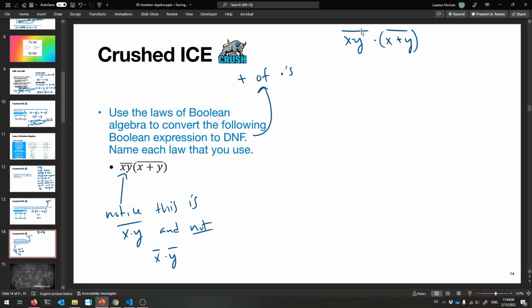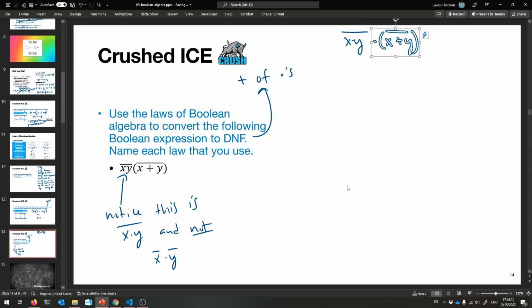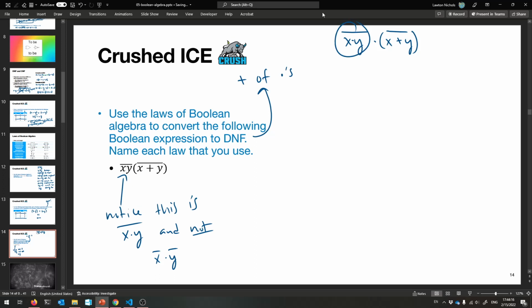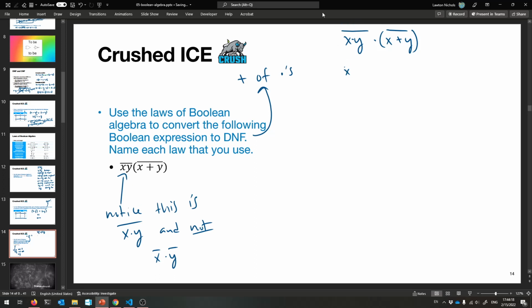So let's do that for both of these. We're going to have to use 2 De Morgans, I think. So let's make that happen and see where we get. Let's do a De Morgan on this one. So that becomes x bar ORed with y bar, times whatever was over here, plus y, all barred. So that was 1 De Morgan. And then let's do it again for this one.